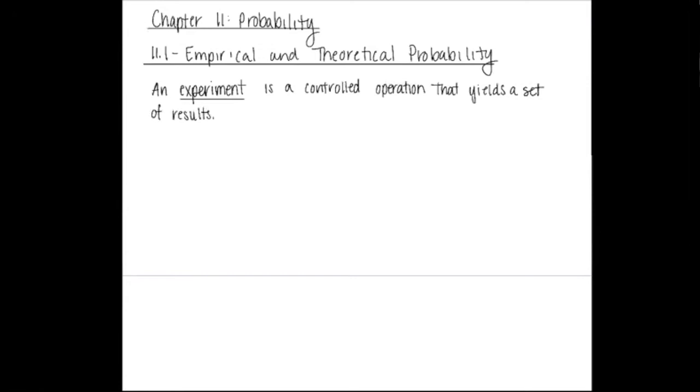The possible results of an experiment are called the outcomes.